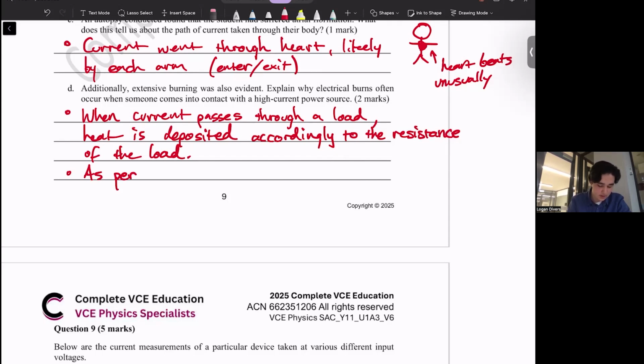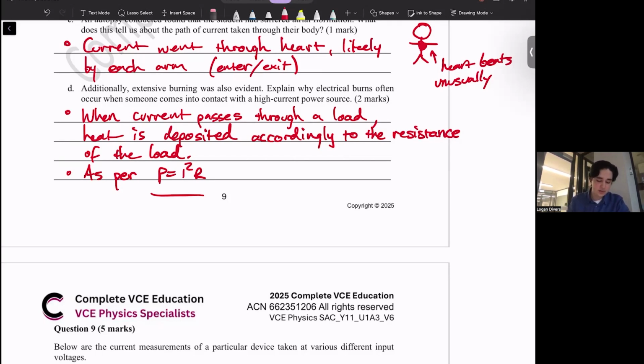As per P equals I squared R. So we want to use this formula here. So P is going to be power. Pretty universal concept of high power means it's probably going to be higher heat as well. And we have current and resistance. We essentially just want to use a formula that's going to relate some sort of energy to current and resistance. And this one's pretty perfect to do it.